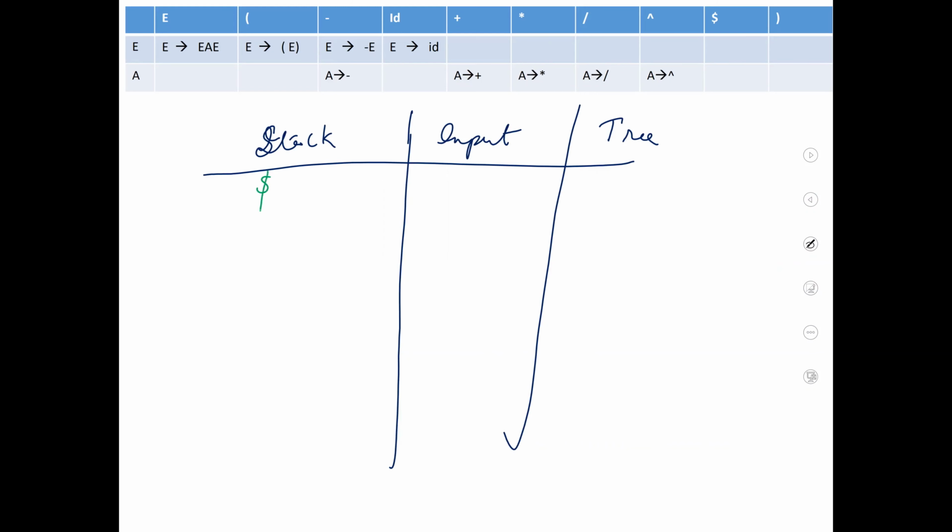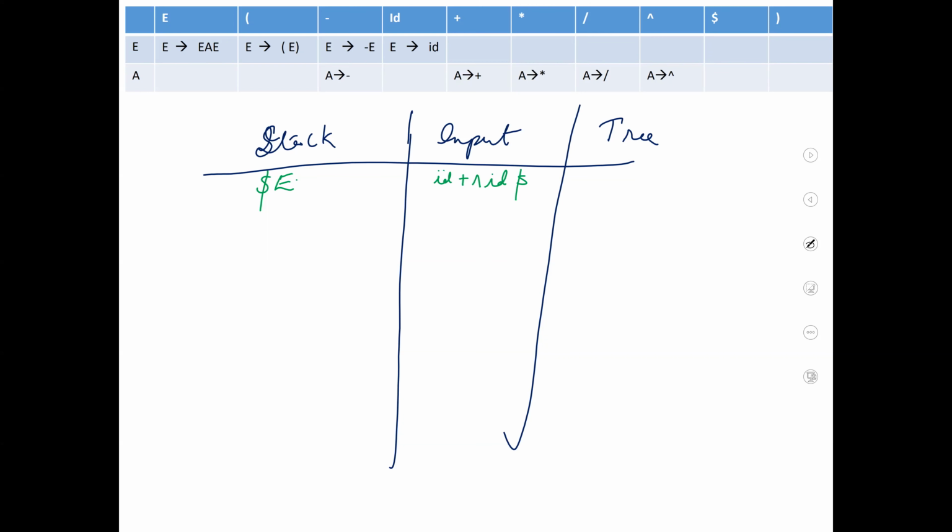Bottom of the stack, you will have dollar. Your starting symbol is E, so you put in E. What we have to prove is ID plus cap ID. I'm putting my dollar there at the end. So let us do things with our table.